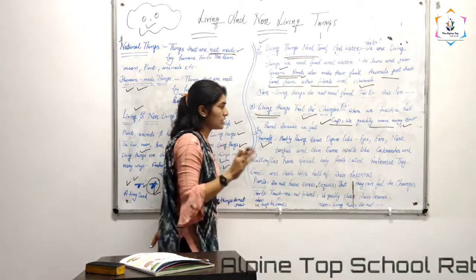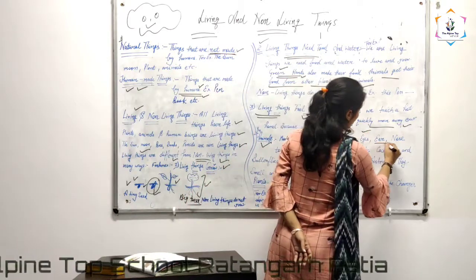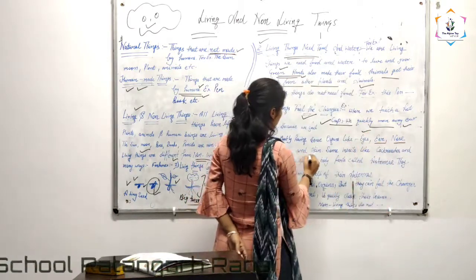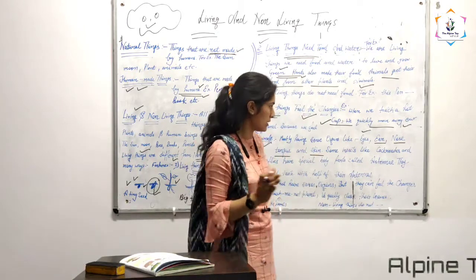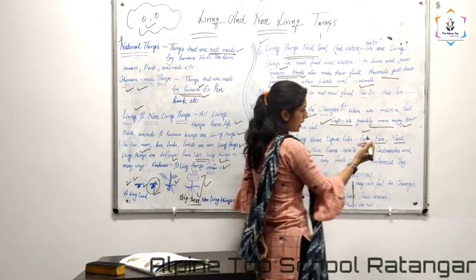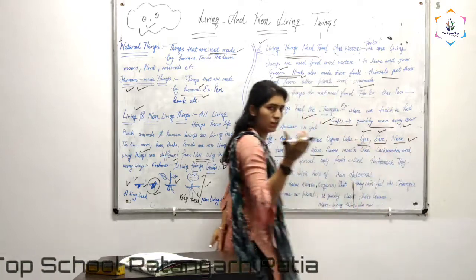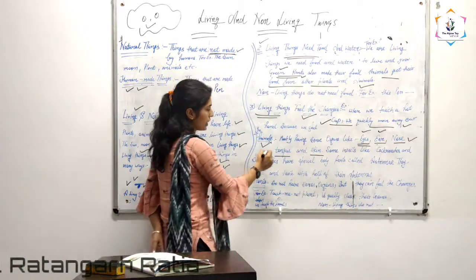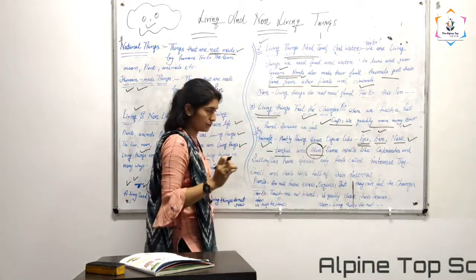Animals mostly have sense organs like eyes, ears, nose, tongue and skin. These are the 5 sense organs. By eyes we can see, by ears we can listen, by nose we can smell, by tongue we can taste, and by skin we can feel.